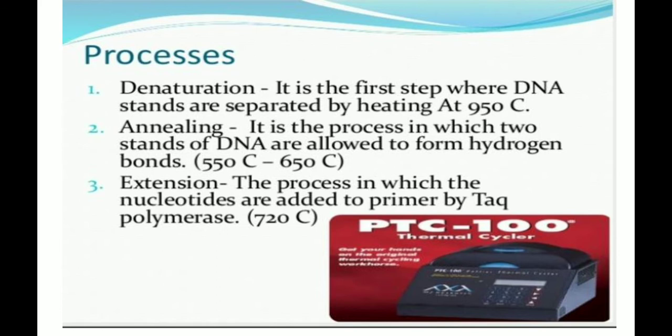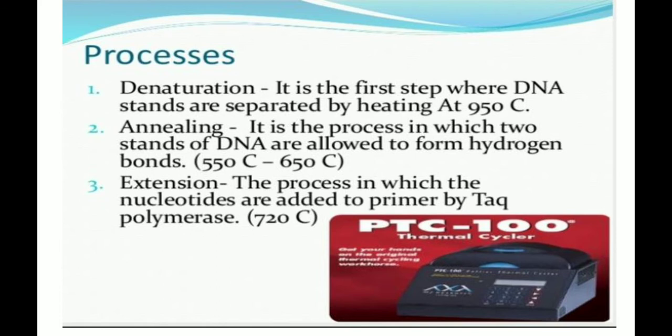Denaturation, like we have seen in proteins, we can denature a protein or denature enzymes. Similarly here also the first major step is the denaturation process. Whatever we have taken, the sequence of the DNA, we can call it the reaction mixture.